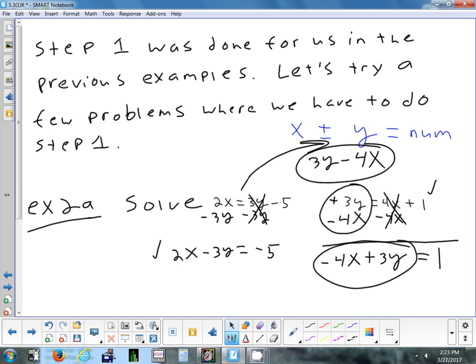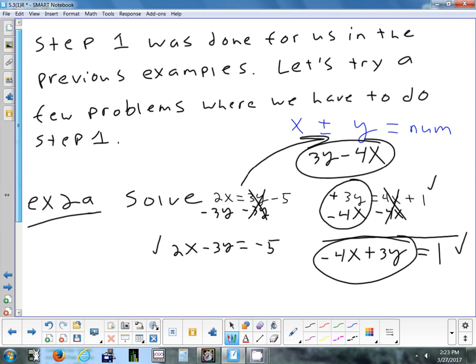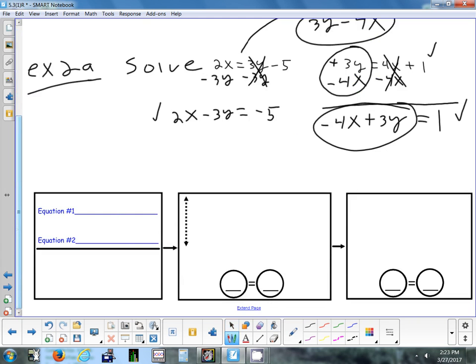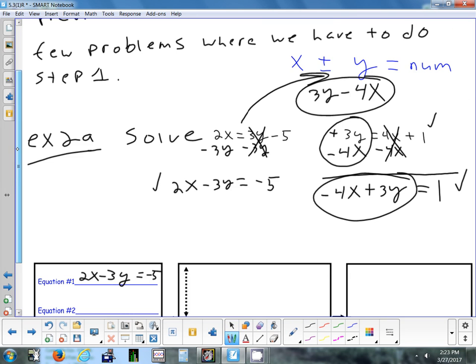Great. Is that equation in the right order now? Yeah, that one's good. So now, what am I going to write on the equation 1 line? Yes. So in this problem, this time I would grade what you put on the equation 1 line. Why? Because it wasn't given to you.